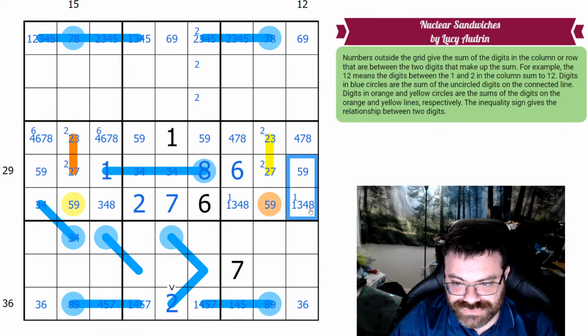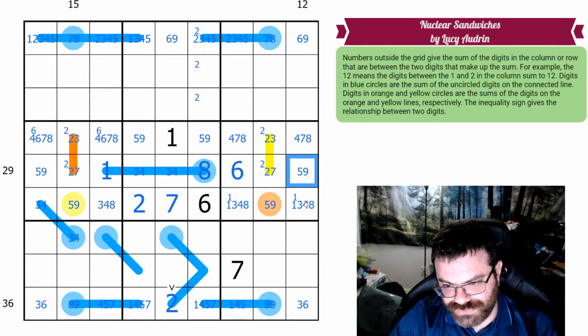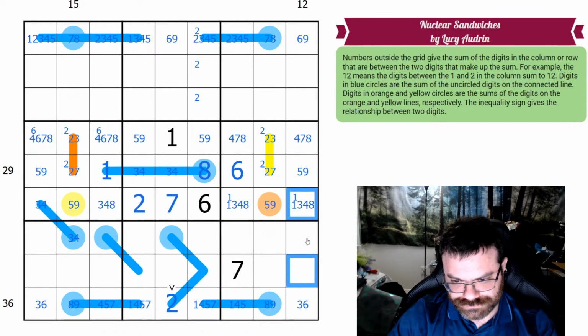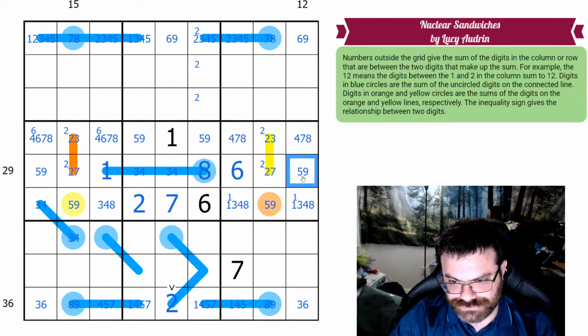Well, we could do 9, 3, but then this isn't 1 or 2. So if the 1 were here, we couldn't go up. We couldn't go down. So this wouldn't be 1. We can't cross the 9. So yeah, I think it's not possible. I think this has to be 5.